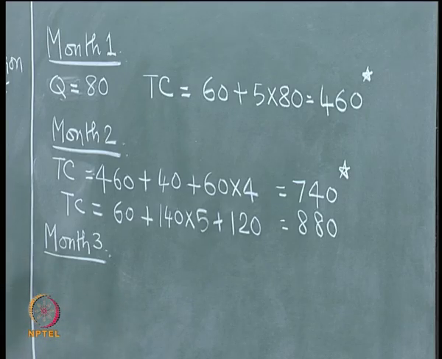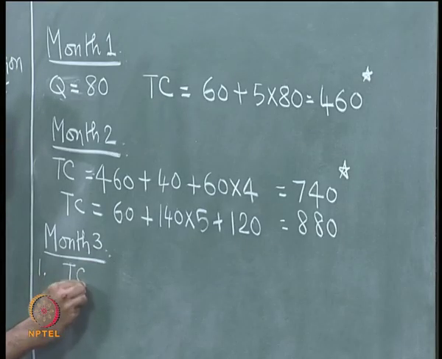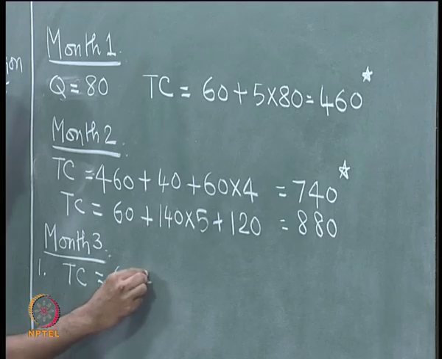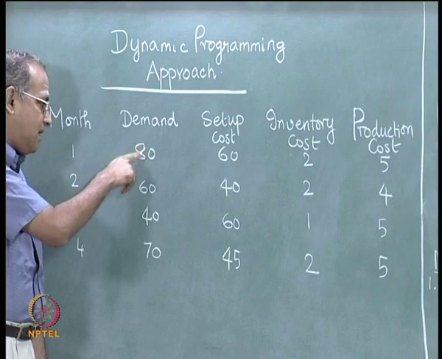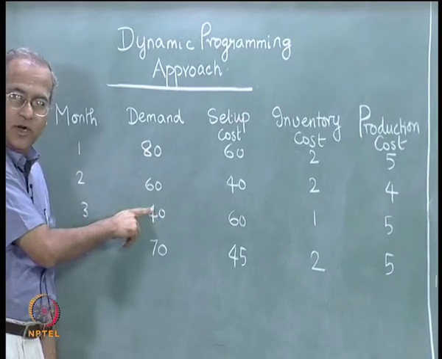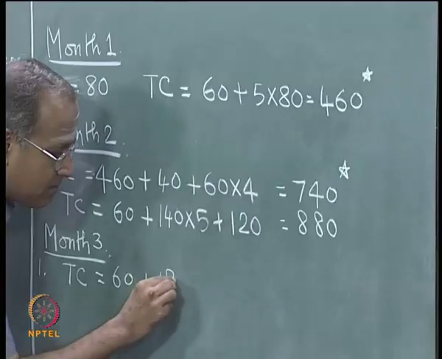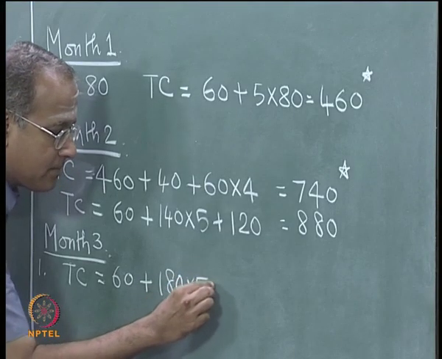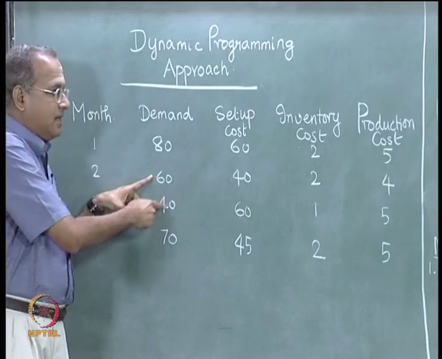So, let us assume the first way is we produce everything in the first month and then we carry, which means there is a setup cost of 60. The total quantity produced is 60, 80 plus 60, 140 plus 40, 180. 180 into 5, which is 900, plus 100 units are carried at the end of the first month.